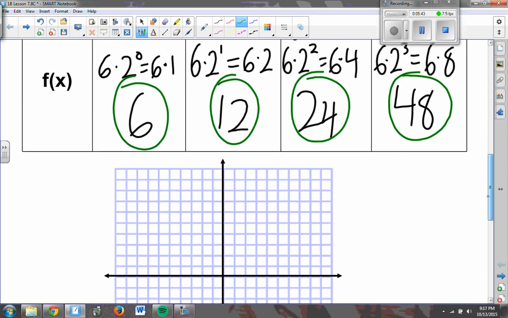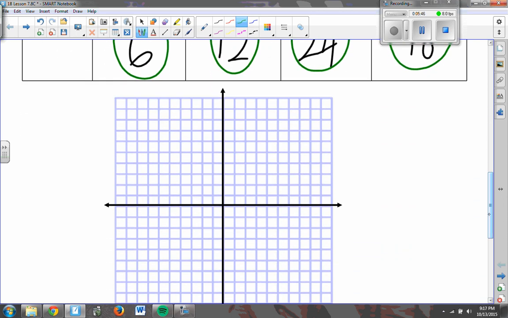I know my first point was when x was equal to 1, my value was 6. Now I'm going to go by 6's here, so this is going to be 6, 12, 18, 24, 30, 36, 42, 48, 54, 60. So when my x value equals 1, my y value is equal to 6, so that's right here, 1 and 6.